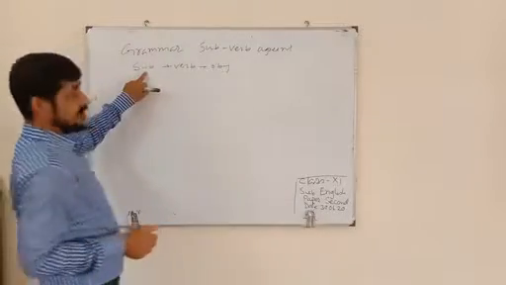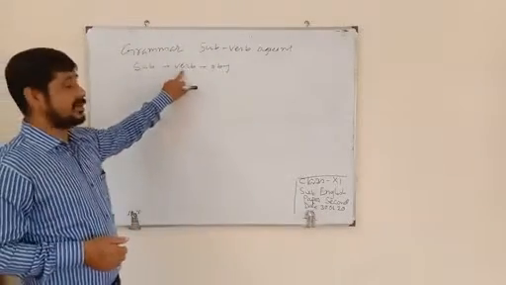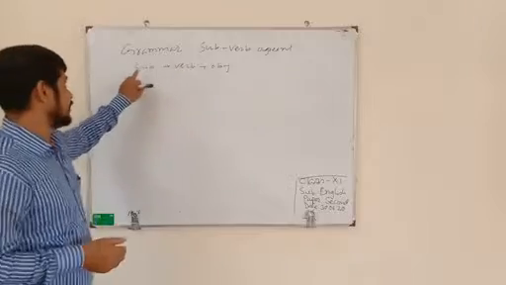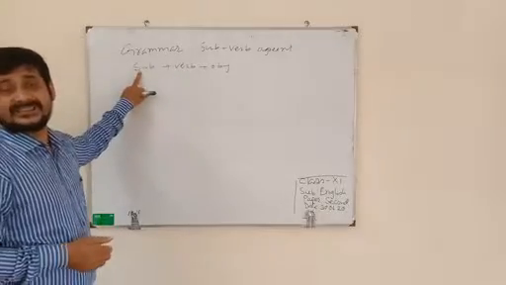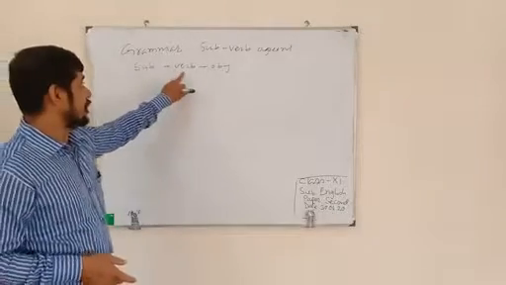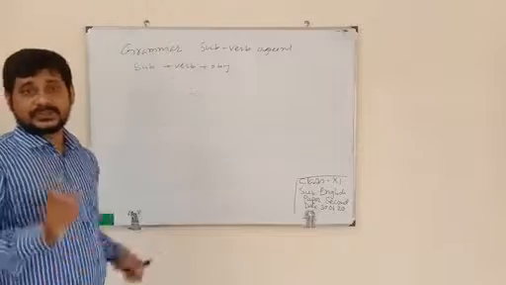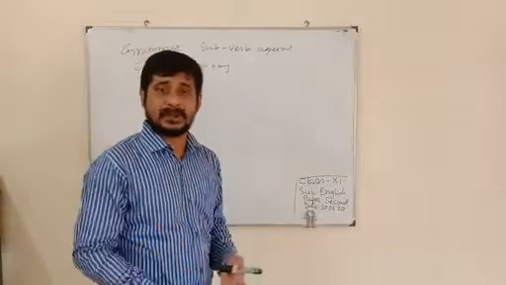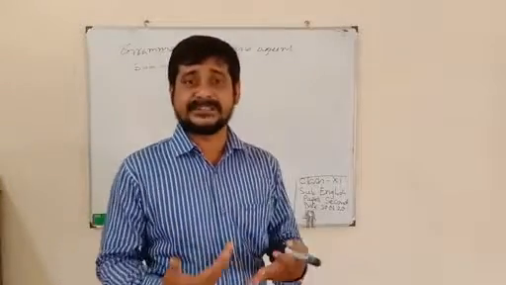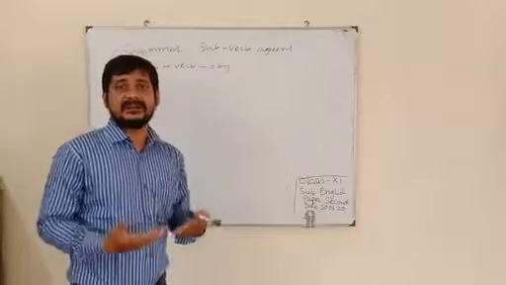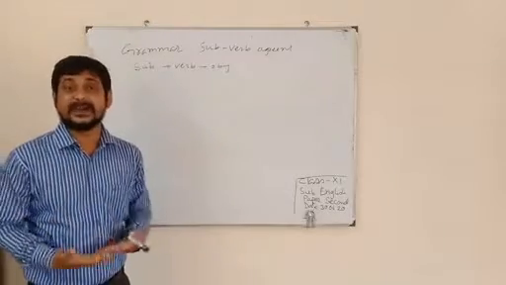If your subject is singular, your verb will be singular. If your subject is plural, your verb will be plural. So we should know about the plural or singular subject and the plural and singular verbs.